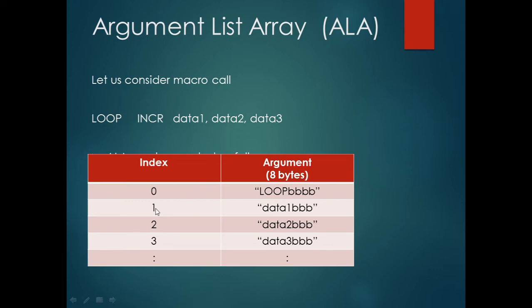Then at index 1, data 1 will be stored that contains 5 characters, hence 3 empty spaces, that is blank characters, will be appended. And similarly for the data 2 and data 3 arguments. So this is the structure for the argument list array. I hope you understood this ALA.